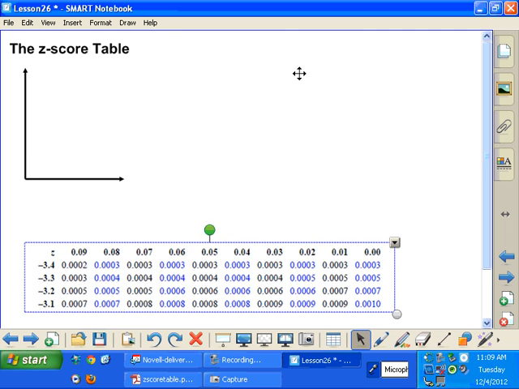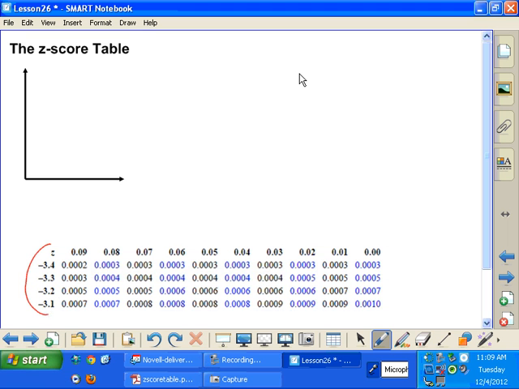So right here, the Z, this column here, is your Z score to 1 decimal. And remember, how do you calculate your Z score? Your Z score equals X minus X bar over your standard deviation.